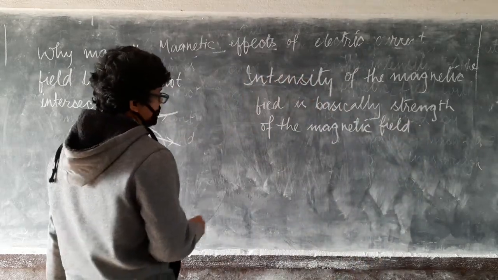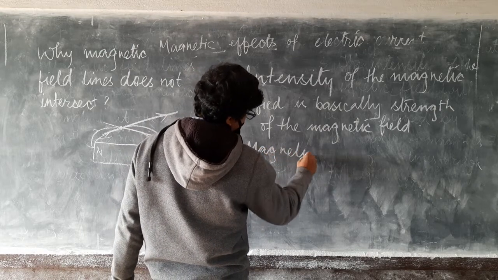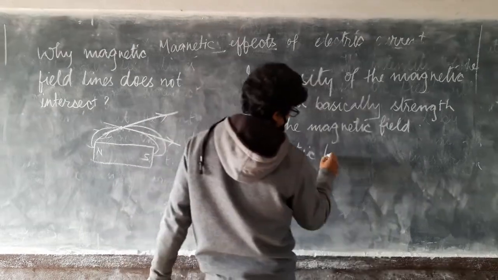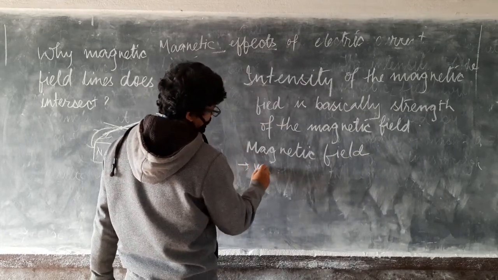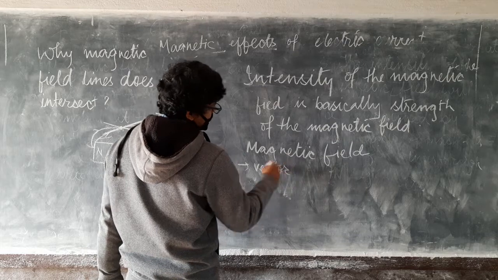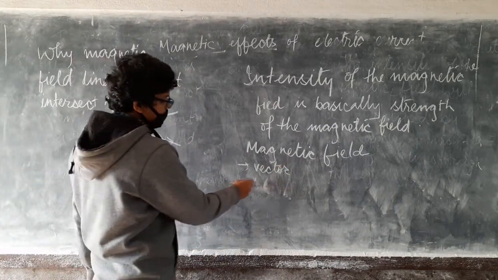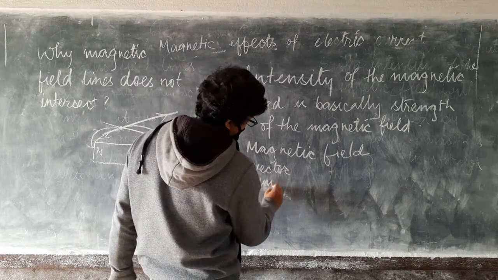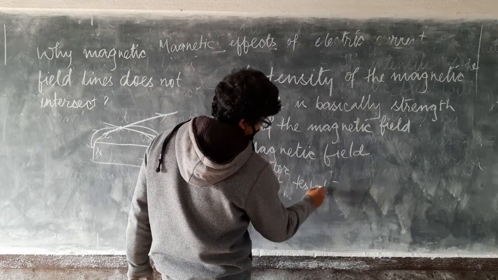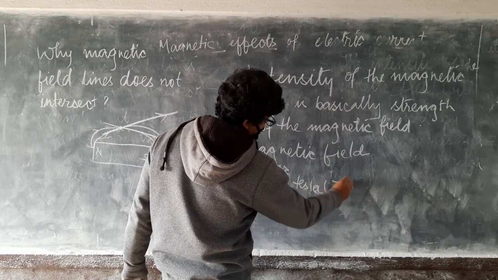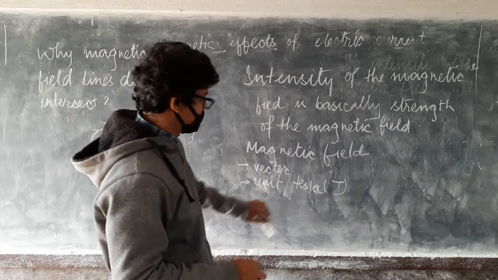Magnetic field is a vector quantity. That means direction is important in the case of magnetic field. Its unit is Tesla.